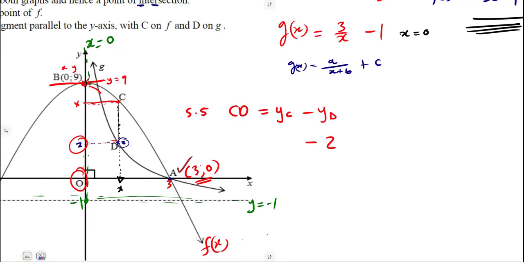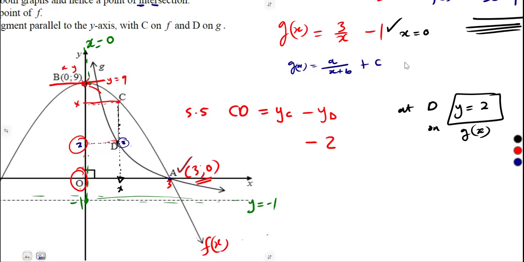So we are going to take advantage of this function G, because the Y that we are given at D, where Y is equal to 2, is on G(x). So we take advantage of that G(x). We find X from there, where G(x) is equal to 3 over X minus 1.